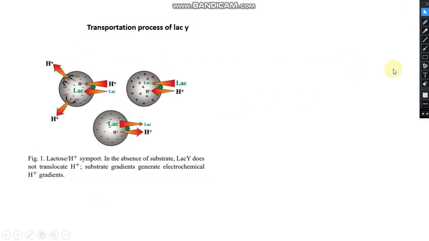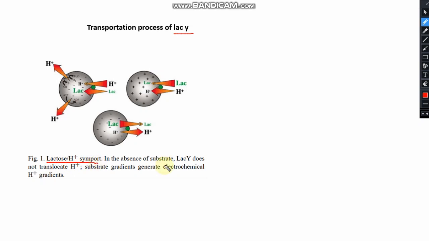So here is the transportation process of the lac-Y. Mainly it exploits the lactose and proton symport. This is one of the important transportation systems that lac-Y utilizes.